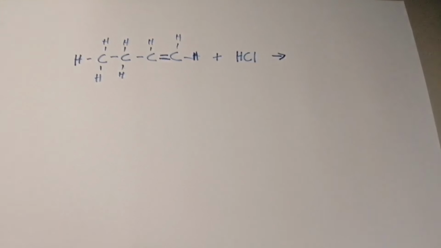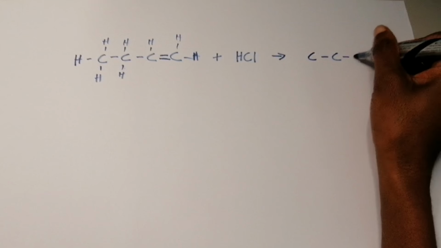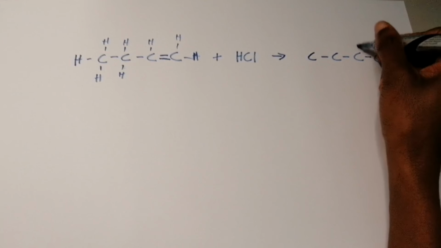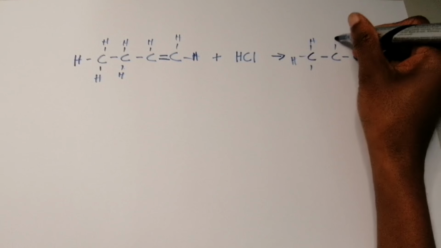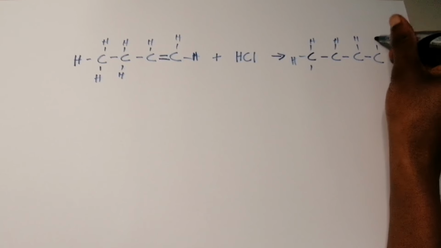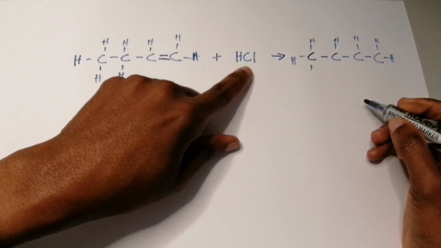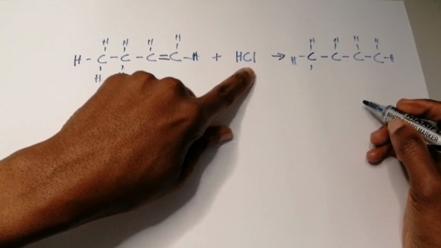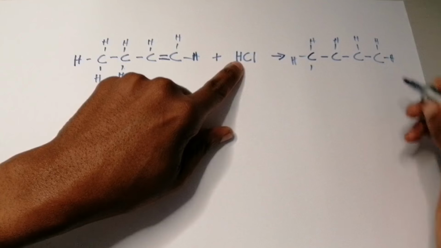So what is going to be the major product in this case? Once again, we're going to apply Markovnikov's rule for the major product. For this one, we have HCl, so it's hydrogen and the chloride ion. But what does Markovnikov's rule say?